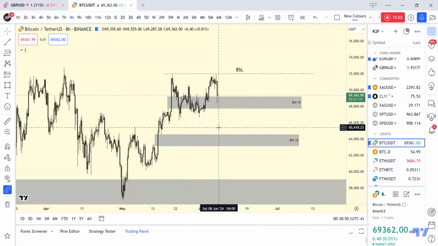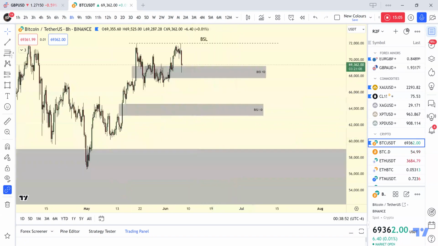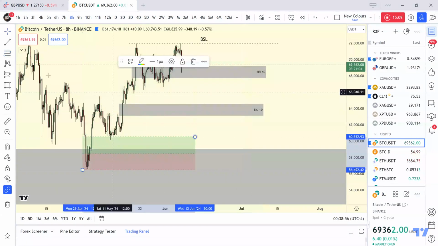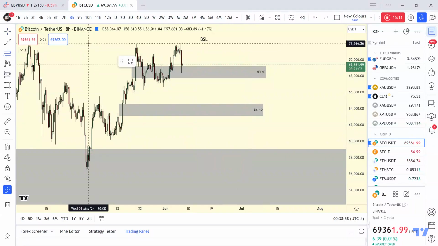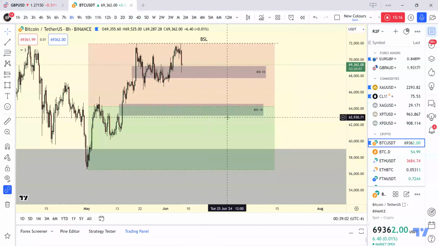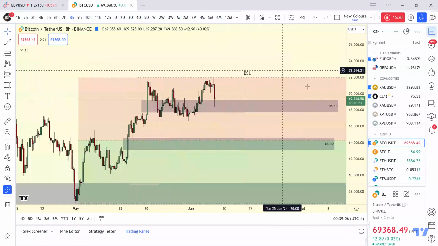And or we could come all the way down here. If you plot the discount and the premium of this range, we could come into a discount before moving higher. So those are two possibilities.